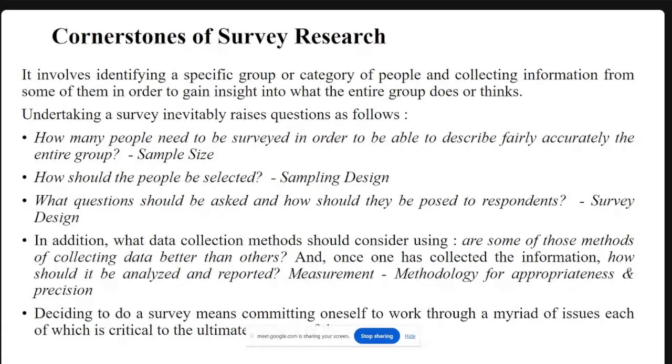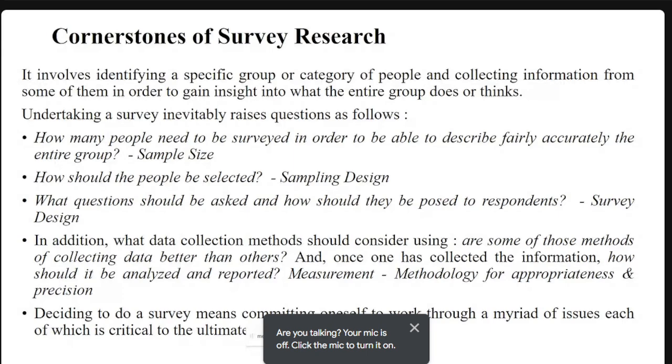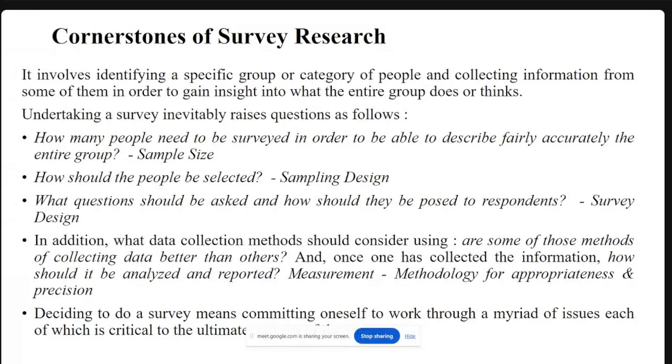Now, when you have this idea of going to the field and collecting data for some research, it sounds deceptively simple.